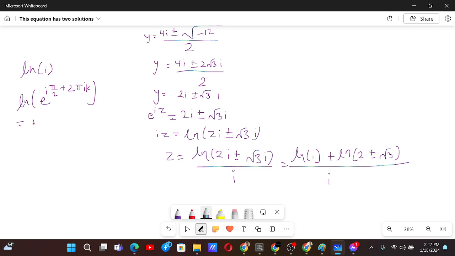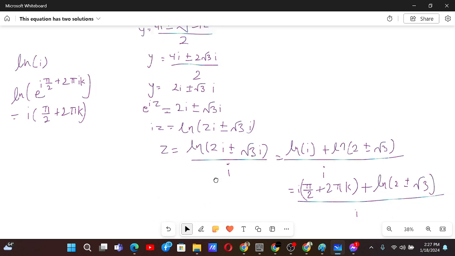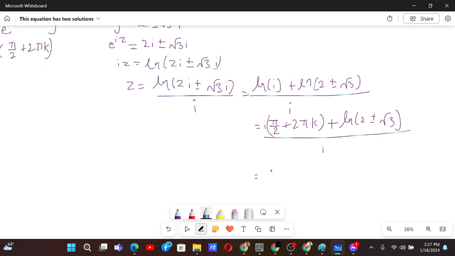So this is i times pi by 2 plus 2 pi k, plus ln of 2 plus minus root 3. Now we are near the end of the solution. So this is i times pi by 2 plus 2 pi k, plus ln of 2 plus minus root 3.